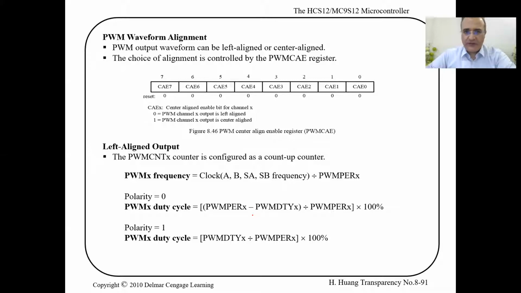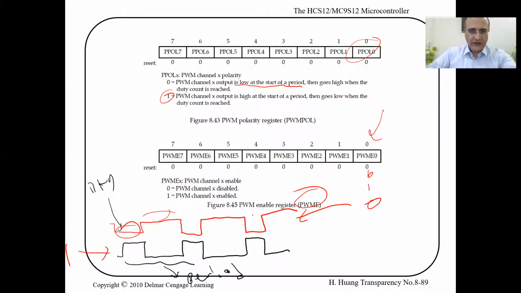PWM waveform alignment. We can make the PWM signal left aligned or center aligned. Also, again, this is when we started the period, the duty high, then we went low. This is left. So here is the end of this cycle.